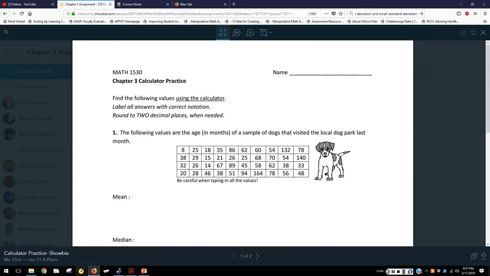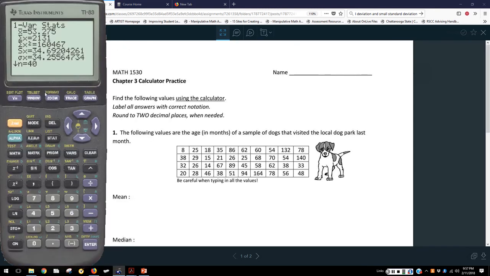And since my raw data here is actually in whole months, then I would say that the standard deviation of the dog's ages, which is S, the calculator uses the X, but the symbol for standard deviation is S. The standard deviation S is 34.69, or in some cases it would be okay to round it off to 1 decimal place and say that it's 34.7. You would never round it off to a whole number. You would never say the standard deviation is 35.